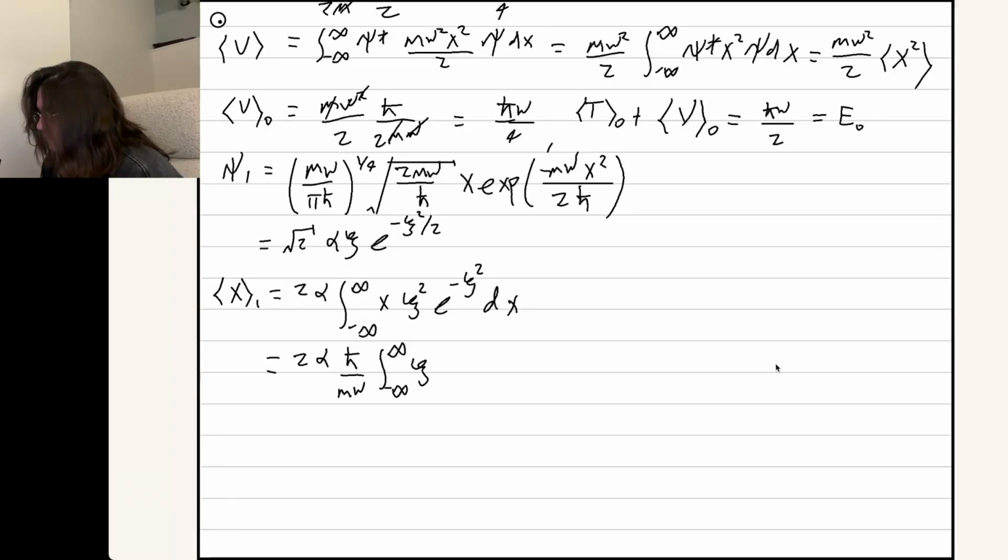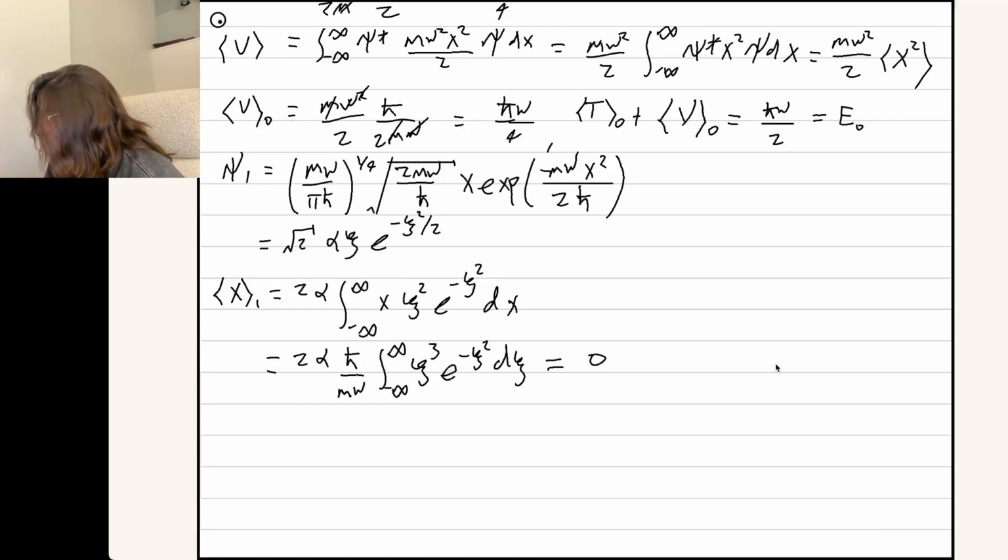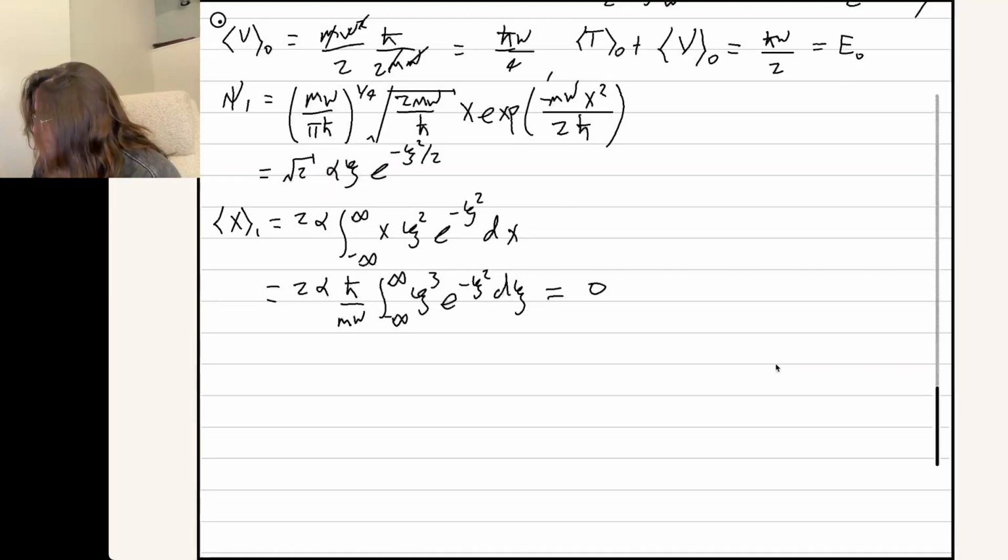So we'll have xi cubed e to the minus xi squared dxi. This is also 0, right? Polynomials to the odd number give you an odd function, which if you integrate it will give you 0 every time. So fantastic, we took care of that handily.